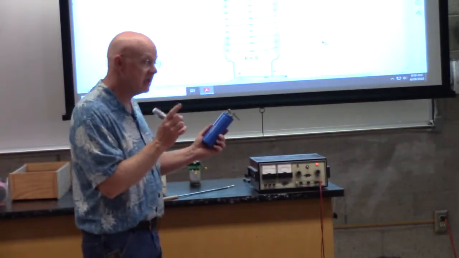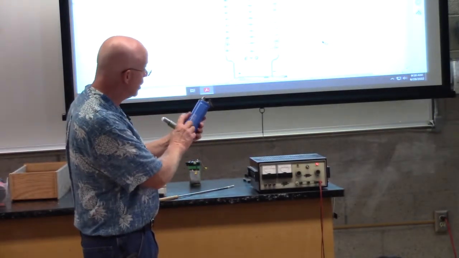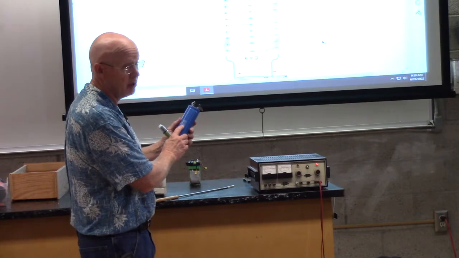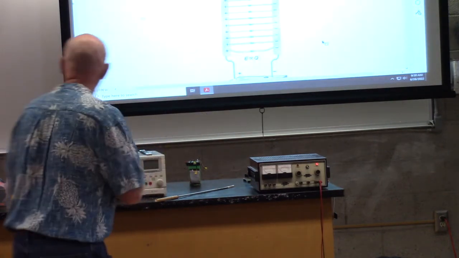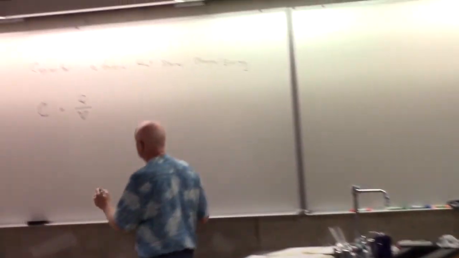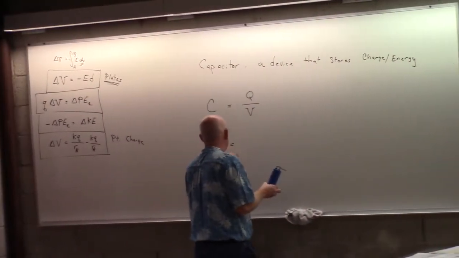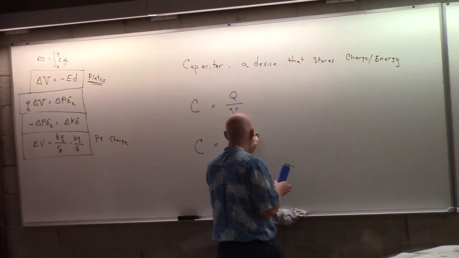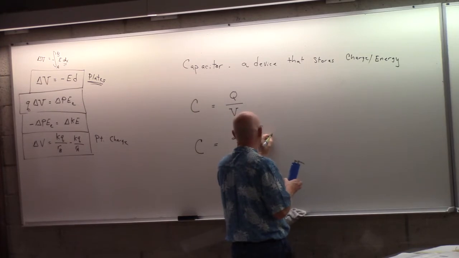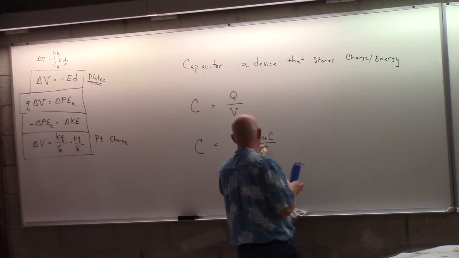See, if I come over here and look at this big one, it says its capacitance is 2,200 microcoulombs per volt. So in other words, this says my capacitance is 2,200 microcoulombs per volt.